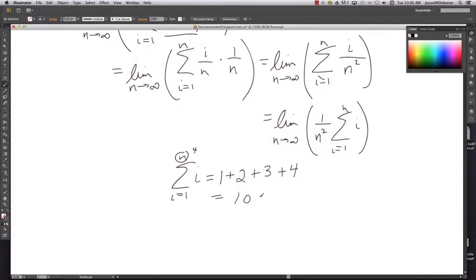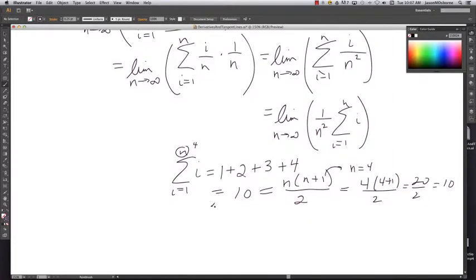But there's an interesting formula that this is the same thing as n times n plus 1 divided by 2, when in this case n is equal to 4. So if you use this formula with n equal to 4, you will get 5 times 4 is 20 divided by 2, which is 10. Which is the same answer.